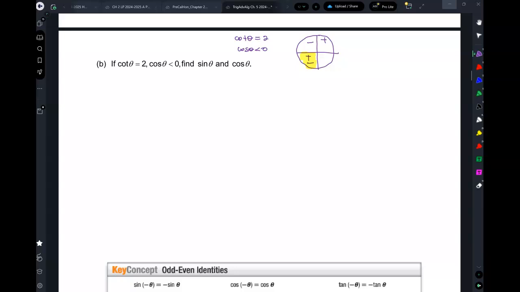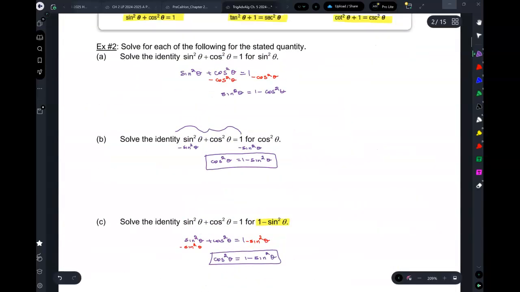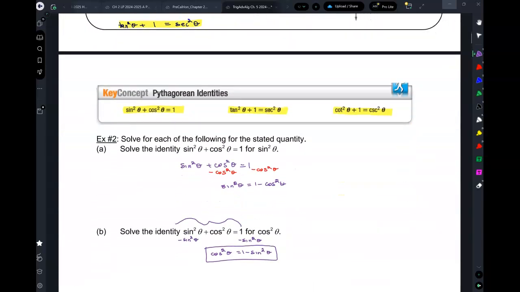Okay, so now, okay, we have cotangent. We need sine or cosine. Okay, so let's go here. Your best bet is one of these. If you have cotangent, I would do this.